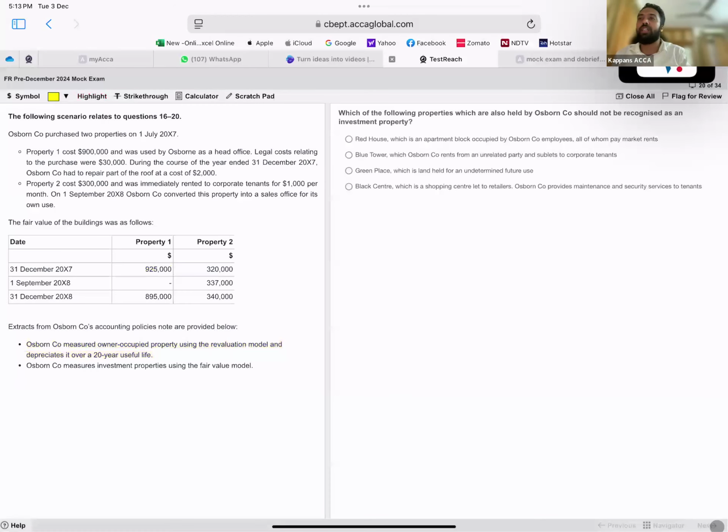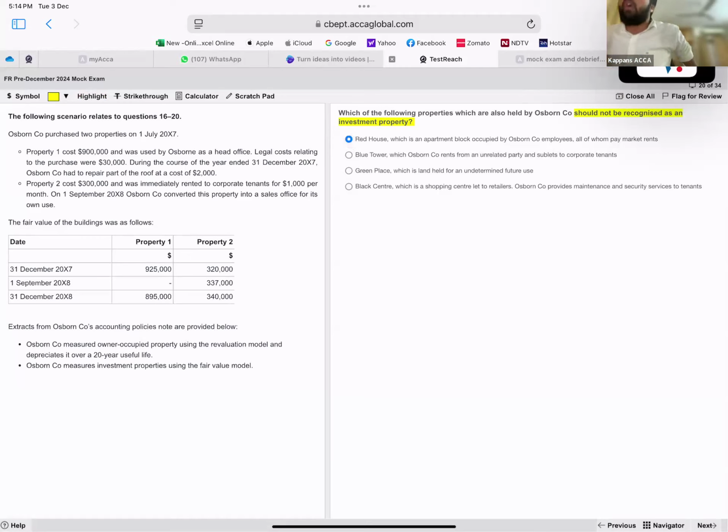The last question, which of the following properties, which are also held by Osborn Company, should not be recognized as investment property? So they're asking which of the following is not an investment property. Red House, which is an apartment block occupied by Osborn employees, all of them pay market rent. That's the answer.